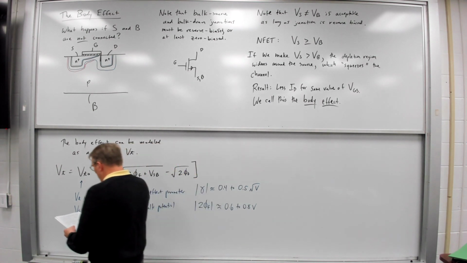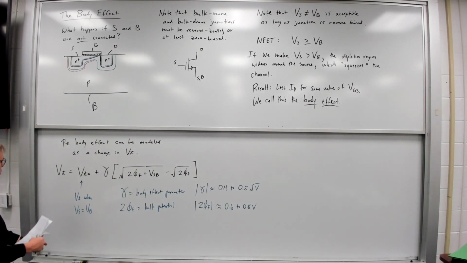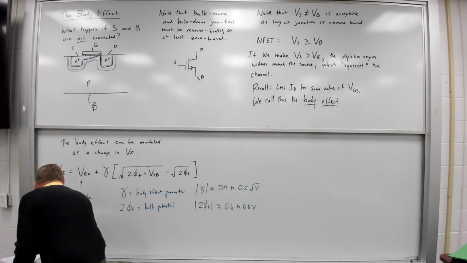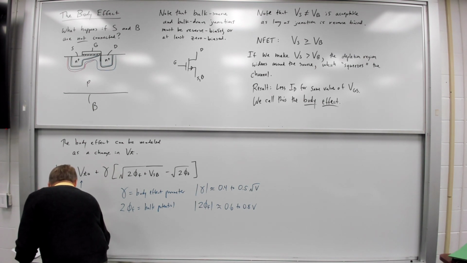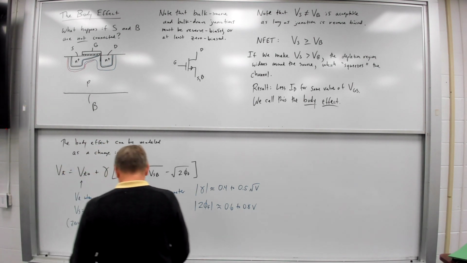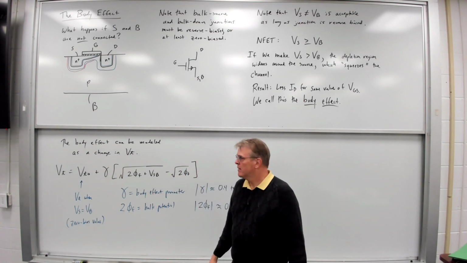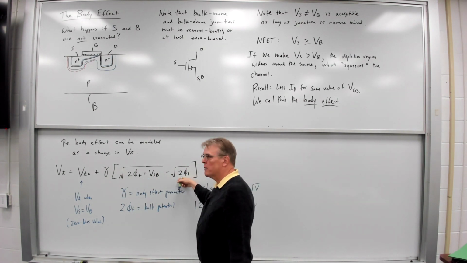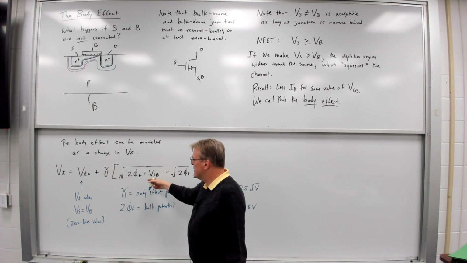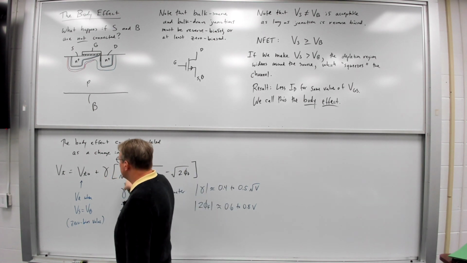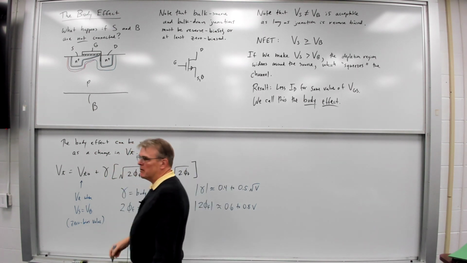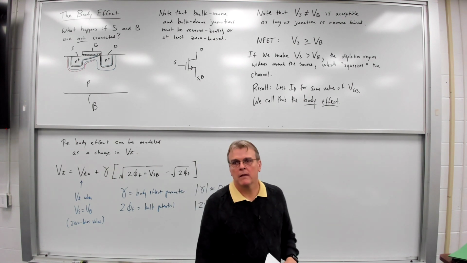And then VTO is the zero bias value of the threshold voltage. So we notice if VSB is equal to 0, this term and this term cancel out, and so then it's just gamma times 0, VTO is equal to this times 0. All right?